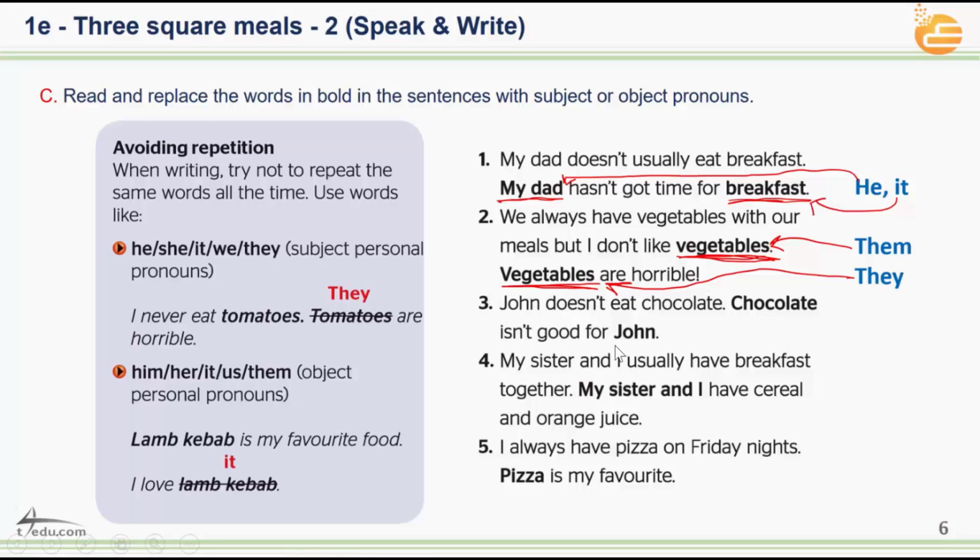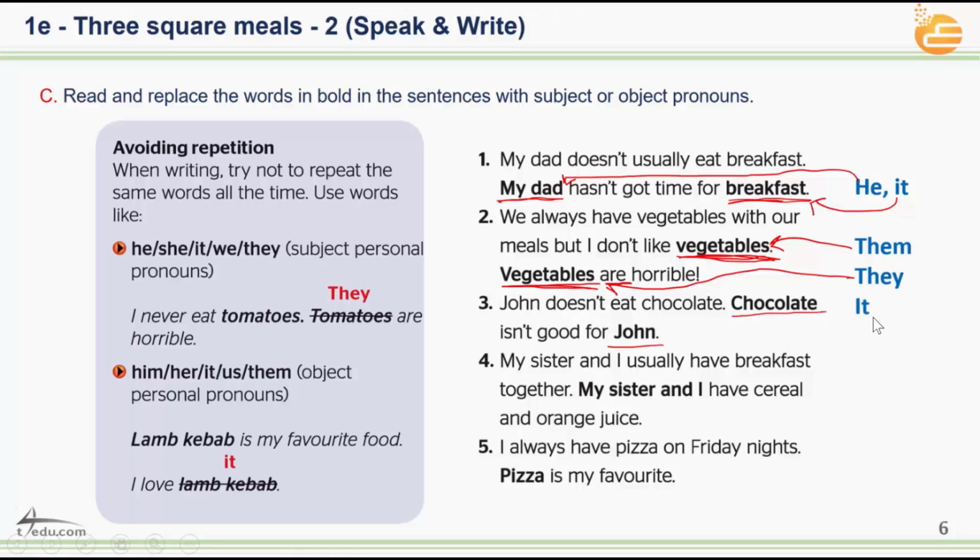Okay. Number three, Joan doesn't eat chocolate. Chocolate isn't good for Joan. So this is the repetition: chocolate, chocolate, and this is Joan, Joan. So what do you think? What about the first one? This is the chocolate. We have to change this one and this one. Joan doesn't eat chocolate.